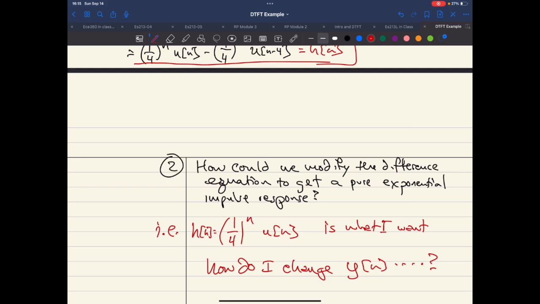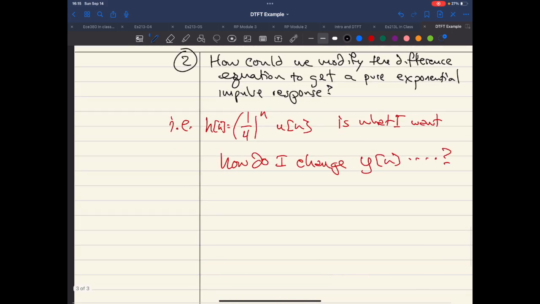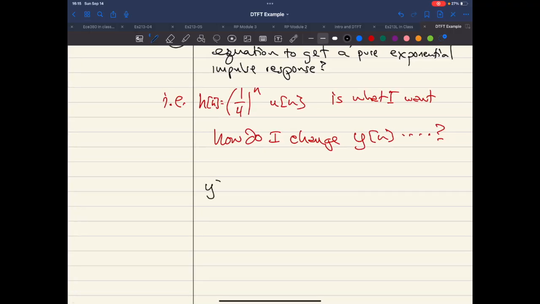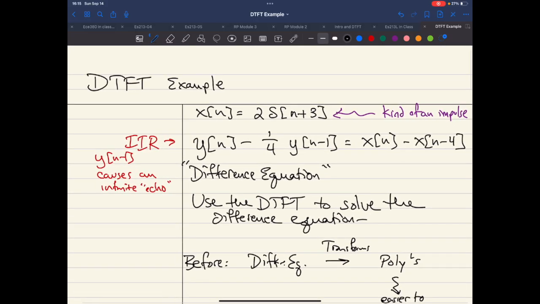All right. Well, if we go back to the difference equation, we had y[n] is equal to minus a quarter, sorry, had the delayed version of the output. And we had over here, all the way back up, minus x[n-4] right here.